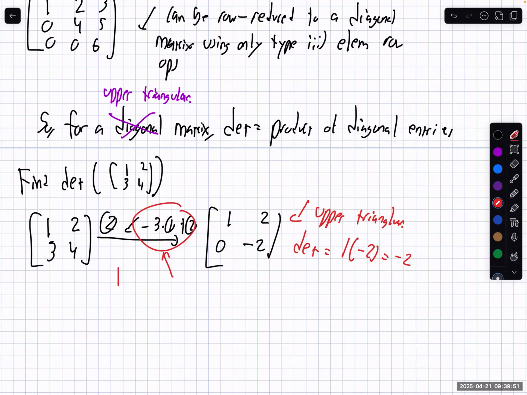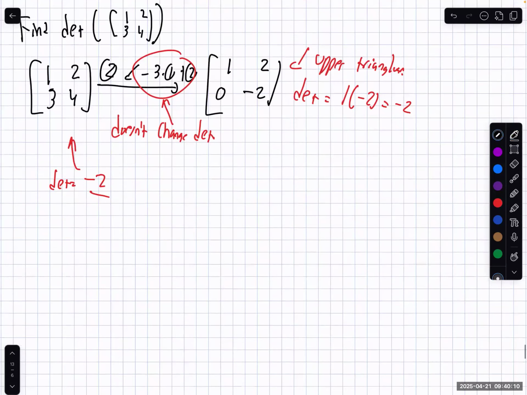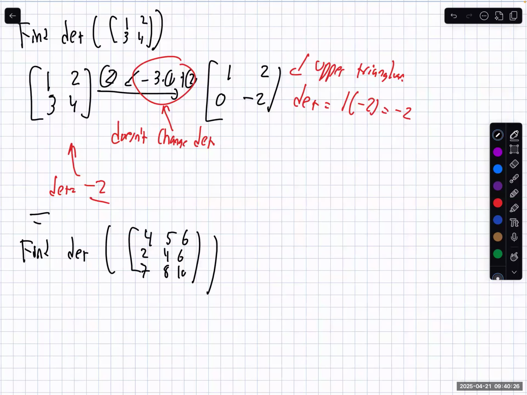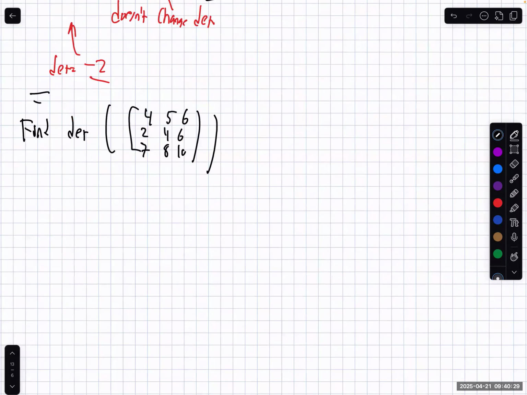This type of operation doesn't change the determinant. So the original determinant is -2 as well. It gets more interesting with the 3 by 3. So let me show you how that works. Okay, fairly carefully chosen matrix.